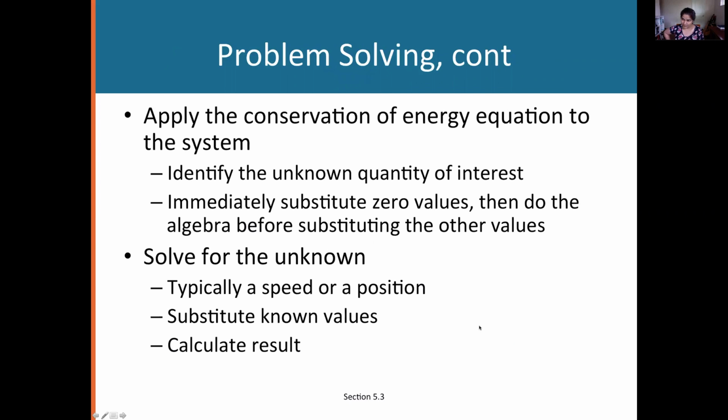Then you're going to apply the conservation of energy. What is the total energy at the start, equated to the total energy at the end, to try to solve for the unknown quantities. Yeah? The unknown quantity might be a speed or a position. You're going to just substitute in the known values and calculate for the result. Okay?